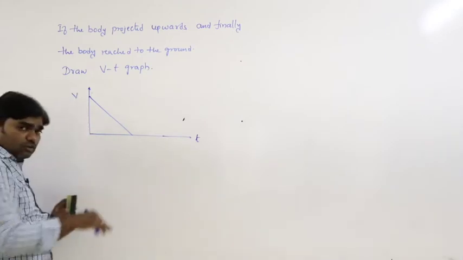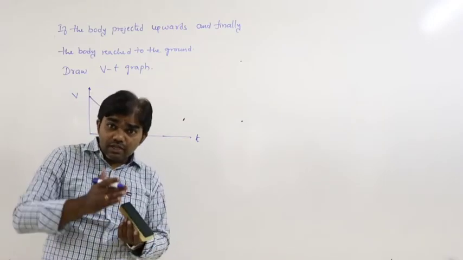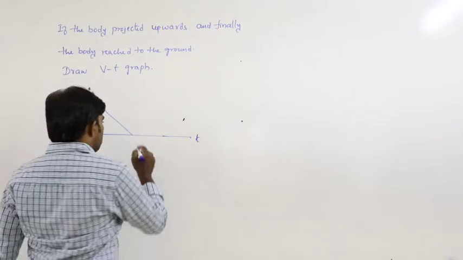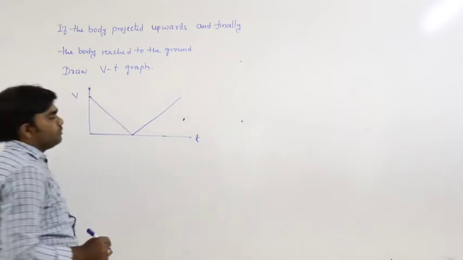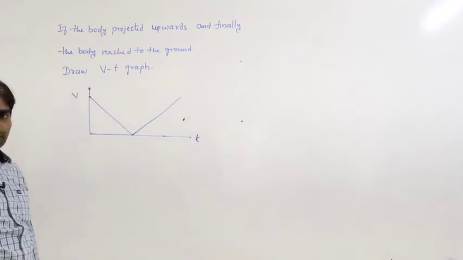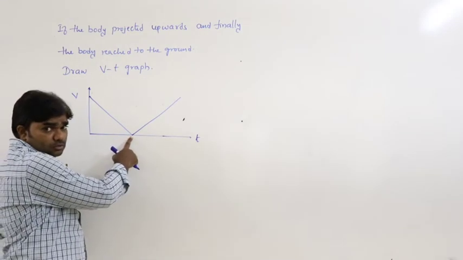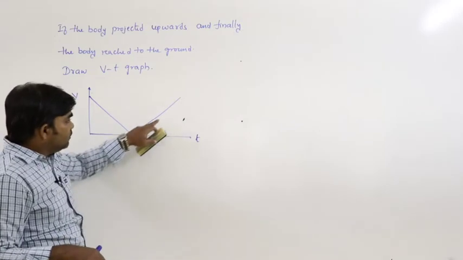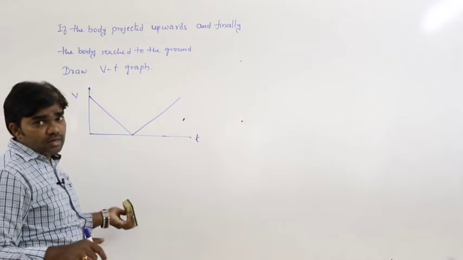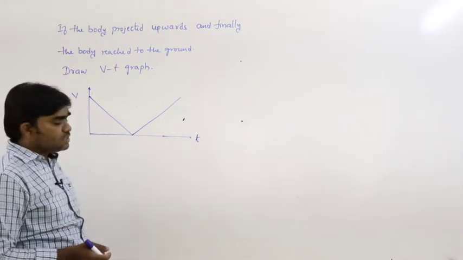Again the body moves downwards, so velocity gradually increases, and reaches maximum on reaching the ground. So this is the shape of the graph.